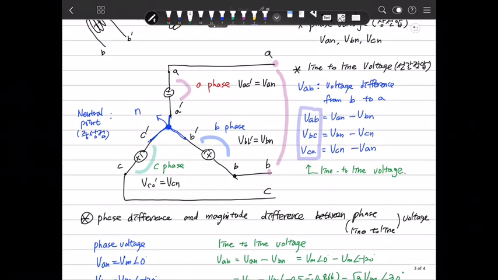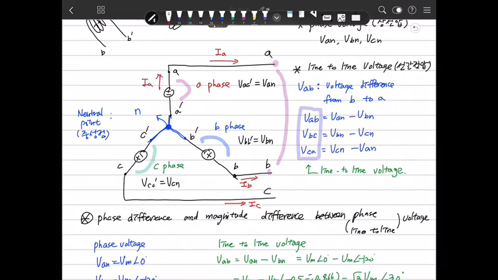So here, in this case, we define the phase voltage and the line-to-line voltage, and we can also define the current here. In this manner, the current here we define as IA, this current is IB, and this current is IC. The current flowing through the line is the same as this current.